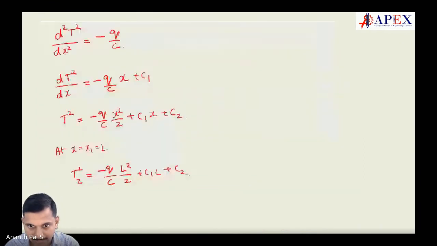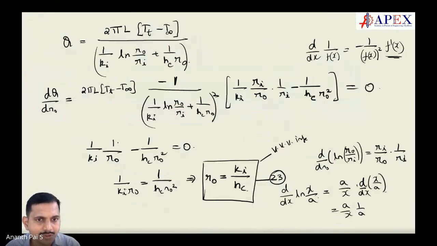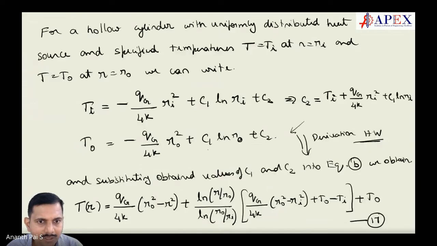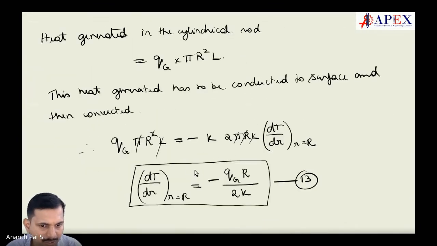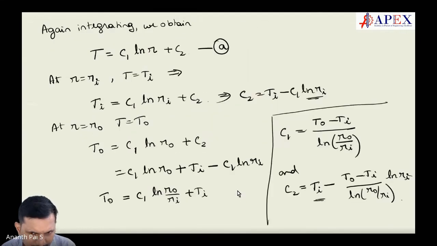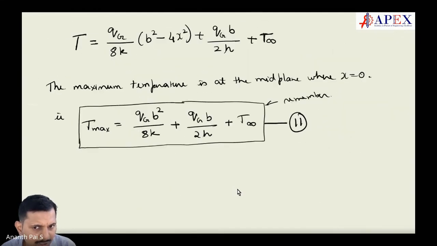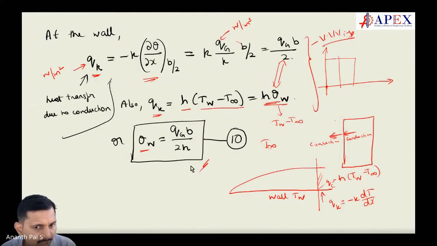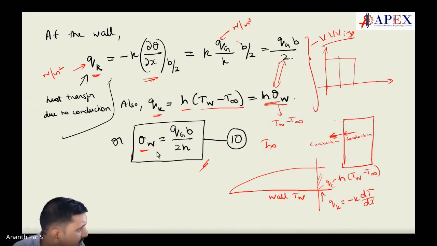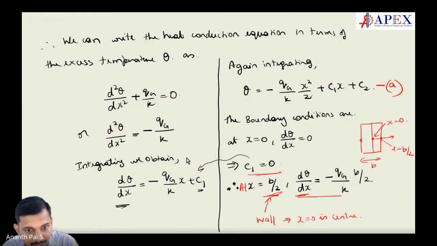Another way, let us try. See here, we have used this particular one. QG, not cylindrical. Let us try out this and see where we'll get the answer. Theta wall is equal to QGB by 2H. It is not proper, I'm not saying 100% proper, but let us try.